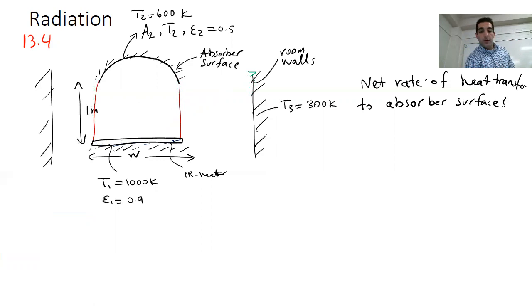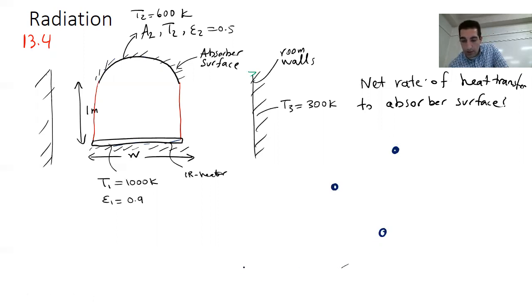I have heater, absorber, and room wall. Now, because I have three surfaces, I need three radiosity nodes. So one node for the heater, one node for room wall, and one radiosity node for absorber.